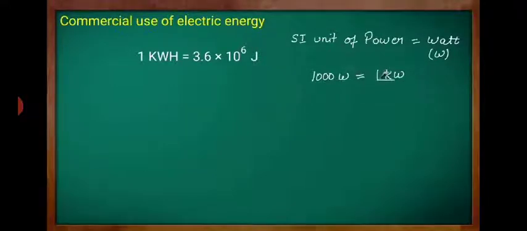Here, the commercial use of electric energy means whatever we consume at our home in the form of light energy, electric energy. That we describe by 1 kilowatt hour is equal to 3.6 into 10 raised to 6 joule, which is equal to 1 unit. So 1 unit is equal to 3.6 into 10 raised to 6 joule.